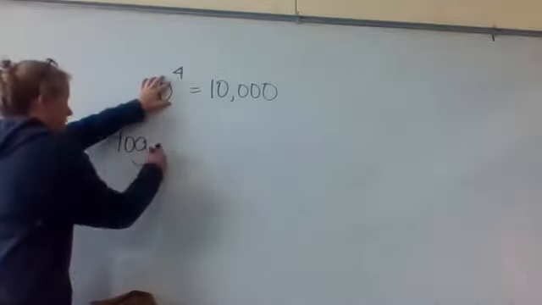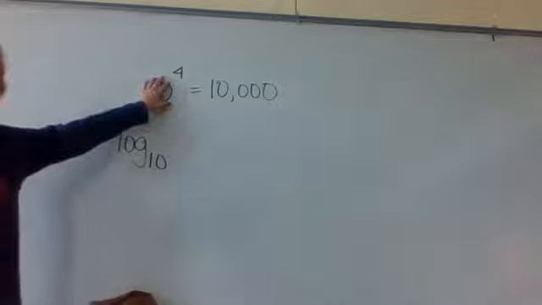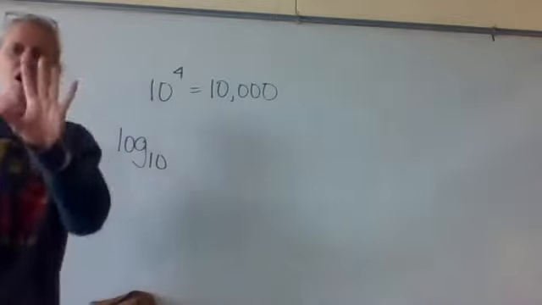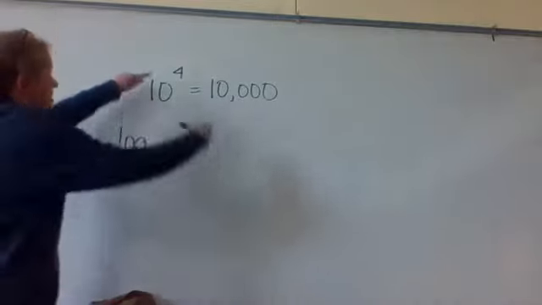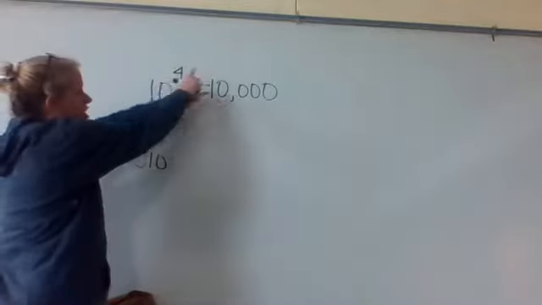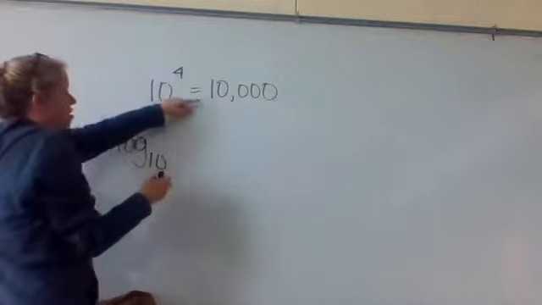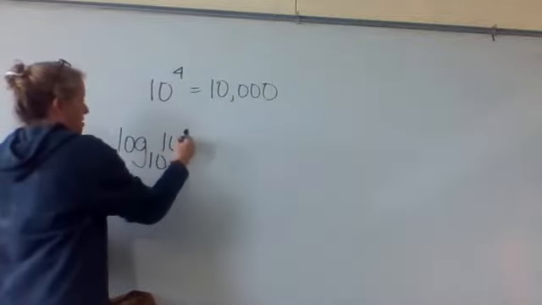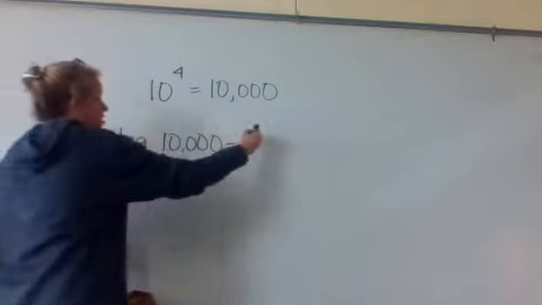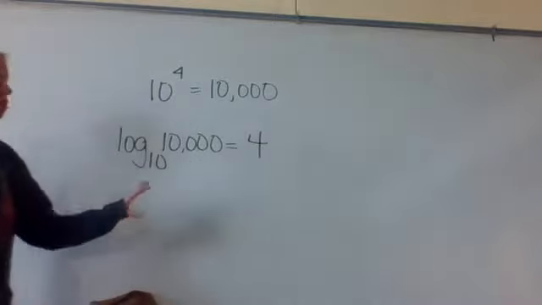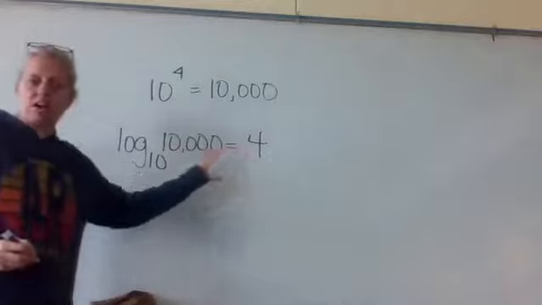It's the base here, which means it's also the base of your log. So you're going to have log base 10. Then these two numbers essentially just are going to switch sides of the equal sign. So you're going to have log base 10 of 10,000 equals 4.